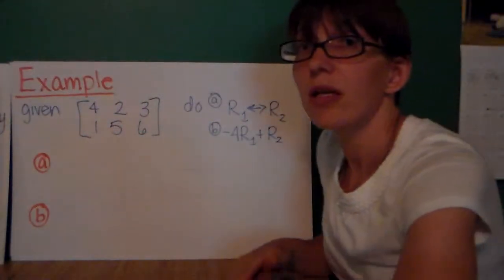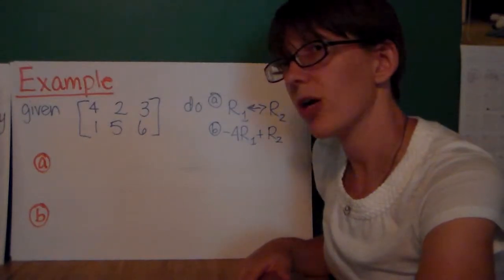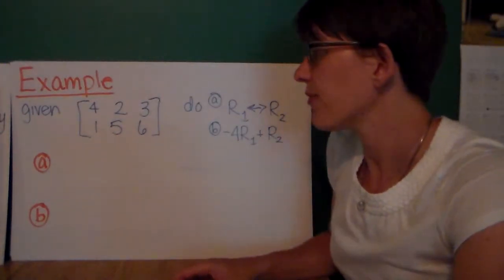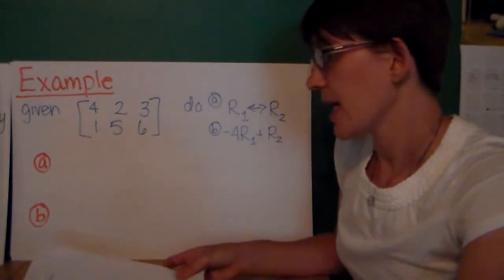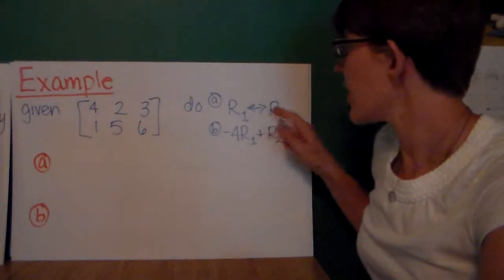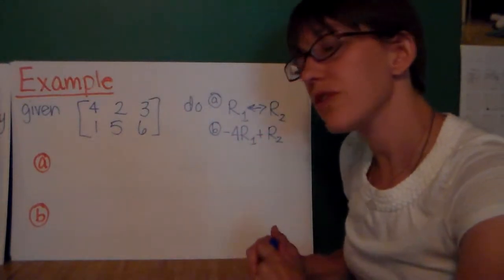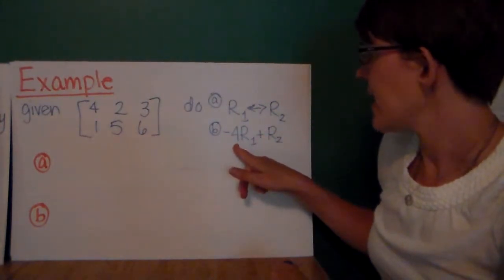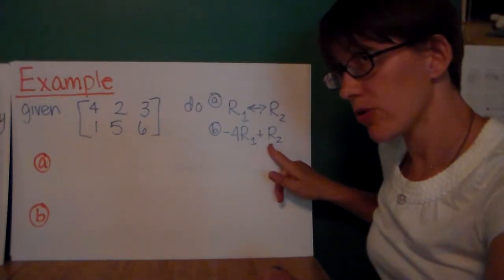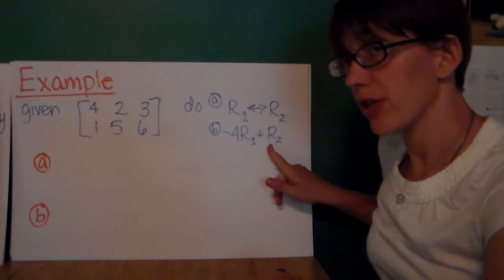Here's an example like the ones you might see on the homework problems. So I've given you this matrix 4, 2, 3, 1, 5, 6. And I'm asking you to first swap row 1 and row 2. And once you've done that, add -4 times row 1 to row 2 and write your answer in row 2.